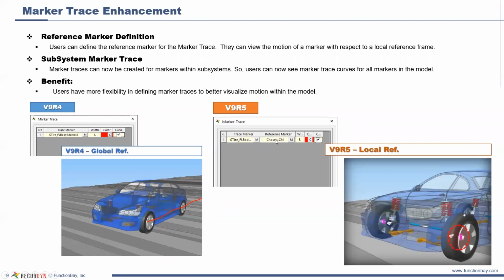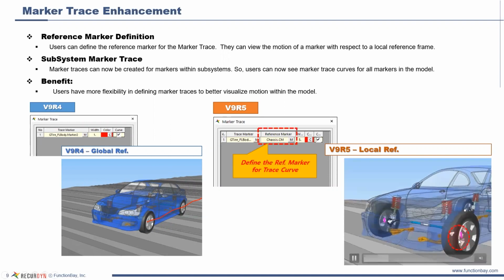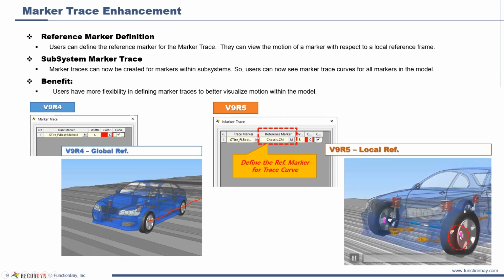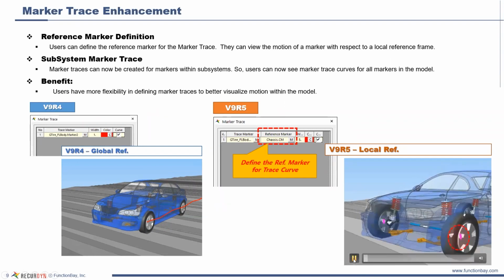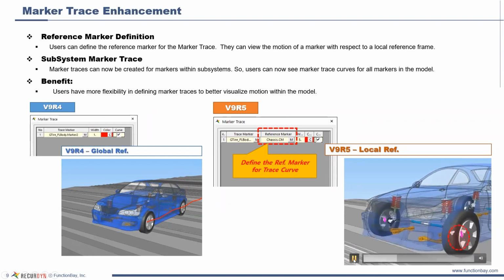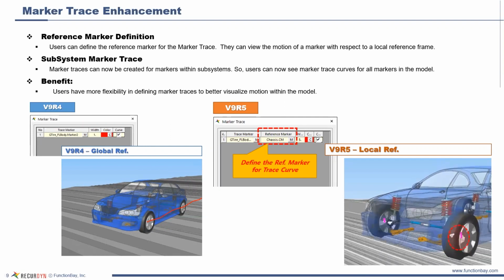We can specify the reference marker for the marker trace. And then once we make that change, we can play the animation. The marker trace in this animation is now shown in pink here, and it's showing the vertical motion of the suspension with respect to the car.